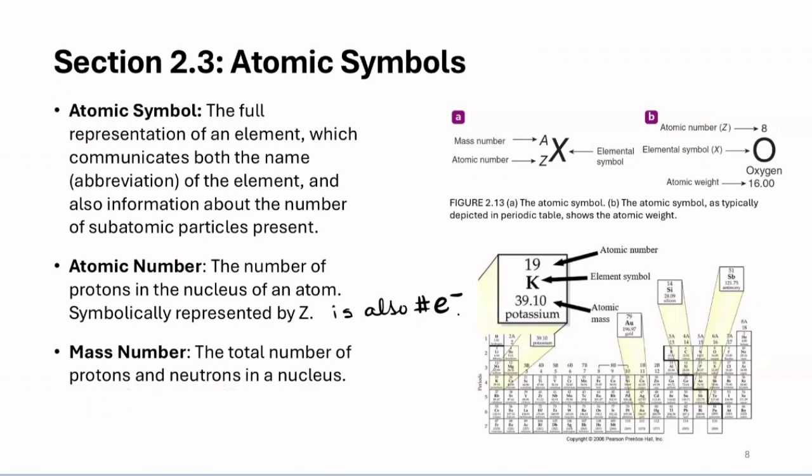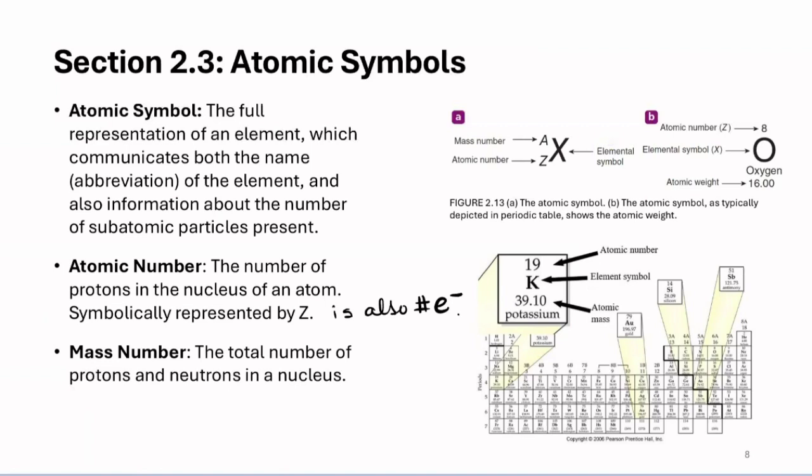Other than finding all of that information on each of the boxes for the elements in the periodic table, we have a specific symbol called the atomic symbol, which is the full representation of an element. It communicates the name of the element by illustrating its elemental symbol.